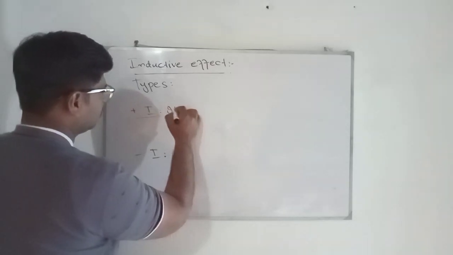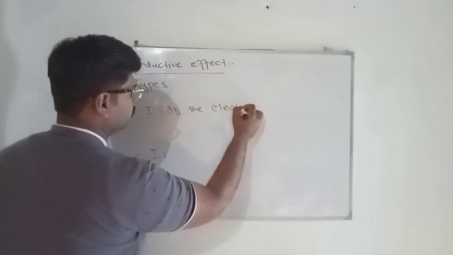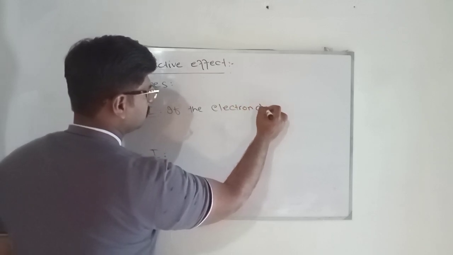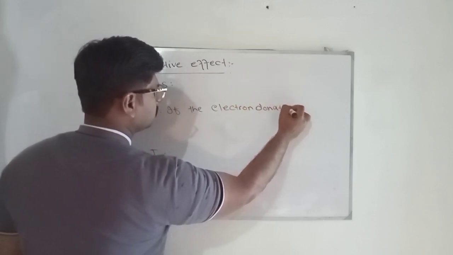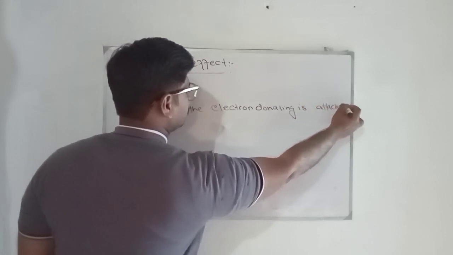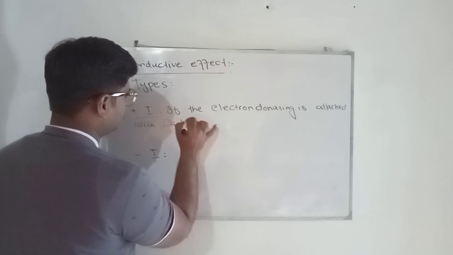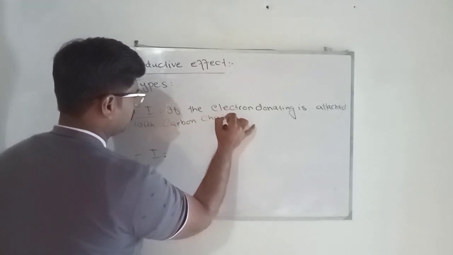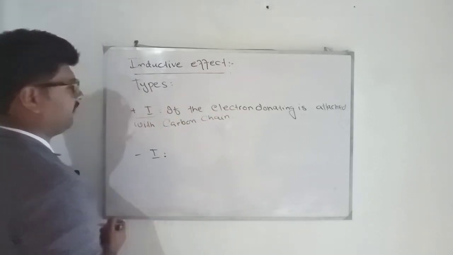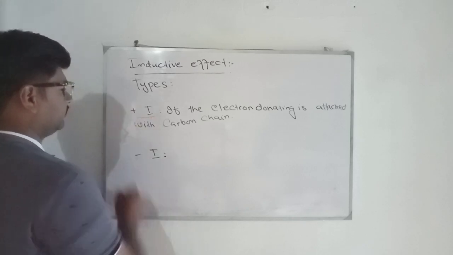If an electron donating group is attached with a carbon chain, then it will produce an effect which will be called plus I effect or plus inductive effect.